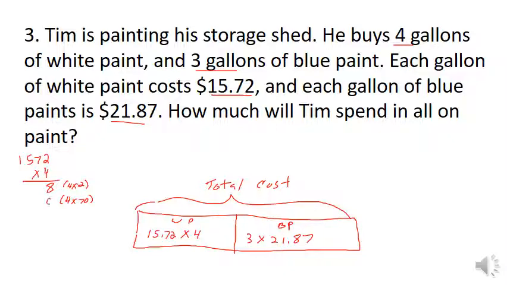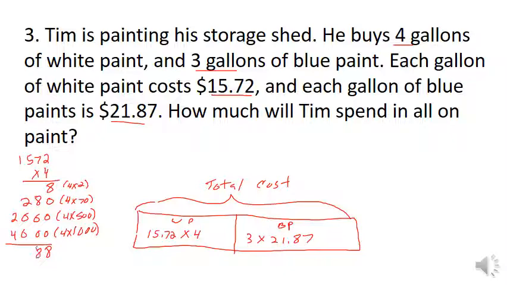Well, I know 4 times 7 is 28 and a 0, so that'd be 280. My next one, I have 4 times 500. I know 4 times 5 is 20 and 2 zeros. The last one is 4 times 1,000. And we know that'd be 4,000.